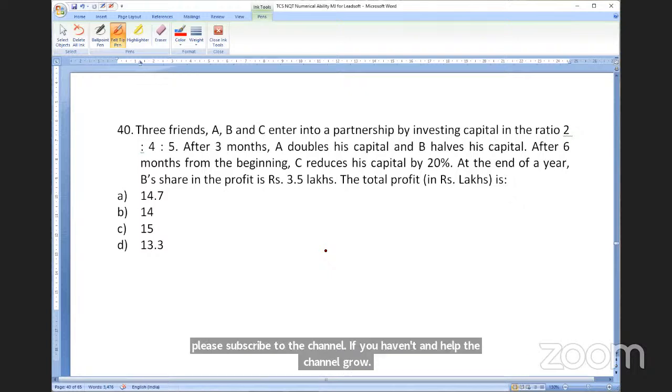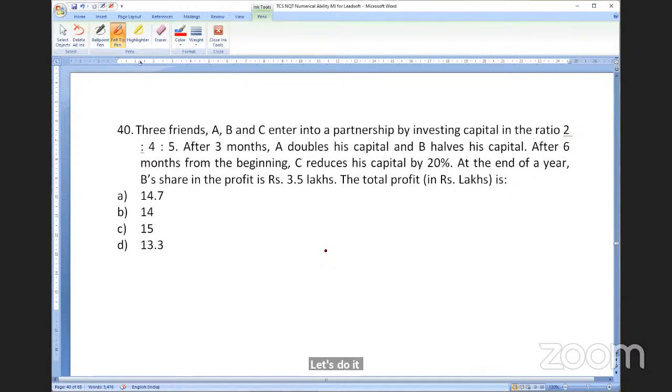Let's do it. A classical question on how different investments change, and PSR is just about weighted investment.